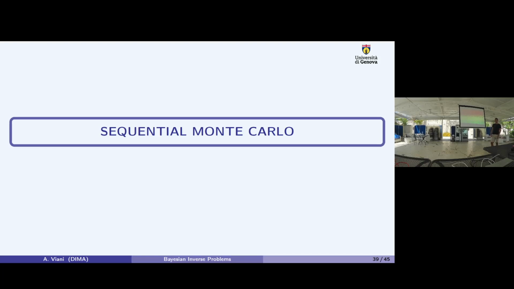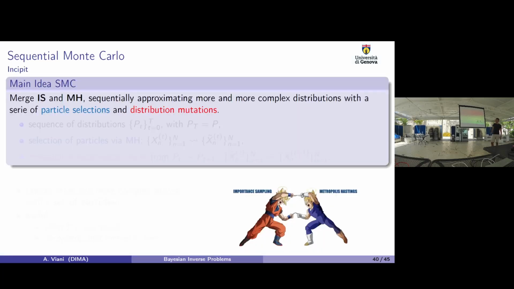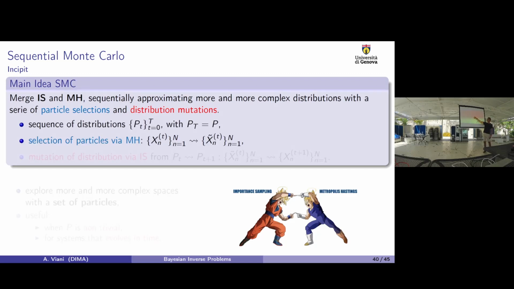Okay, sequential Monte Carlo in 2 minutes. Only because I would like to show you that picture. We want to merge Metropolis-Hastings and importance sampling in order to approximate a sequence of distributions that becomes more and more complex. So we start with a distribution that is very simple, then we modify it in order to reach the target distribution.